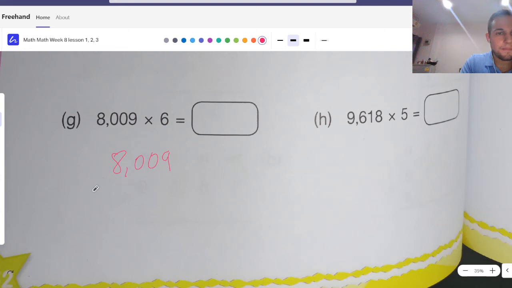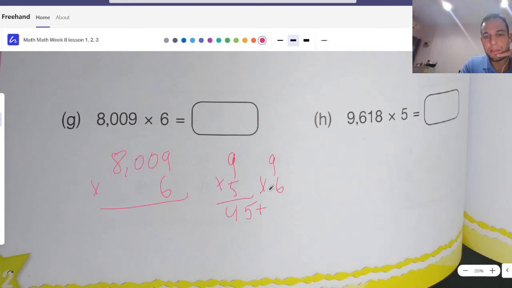All right. Next up is G. 8,009 times 6. 6 times 9 is 9 times 5... let's see, 9 times 5 is 45. So if we want 9 times 6, we can just do plus 9.